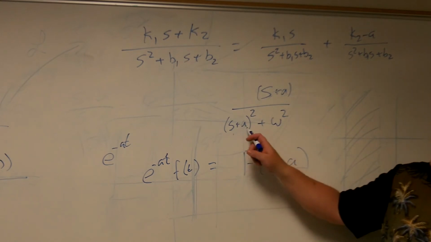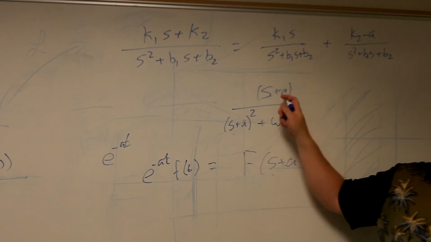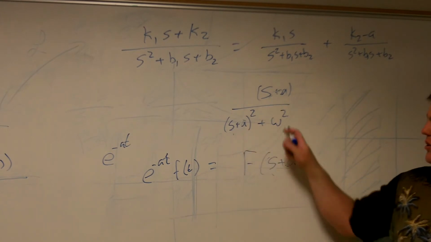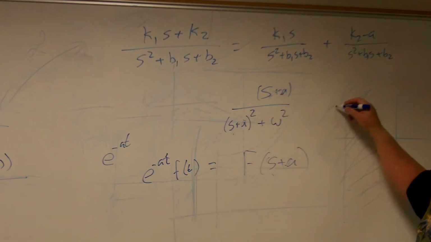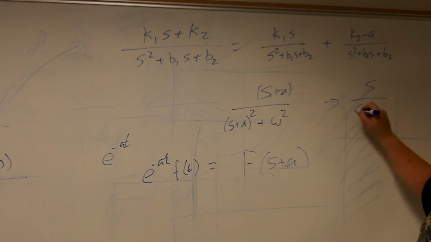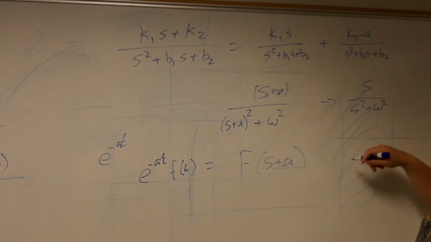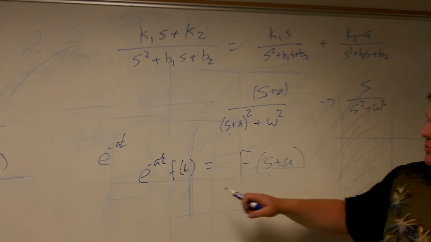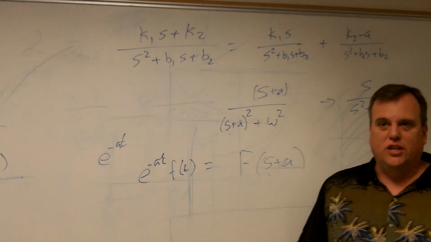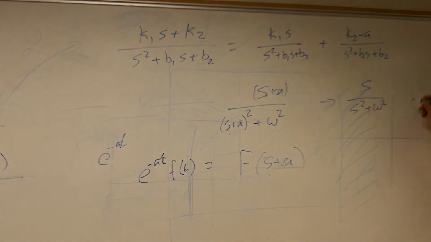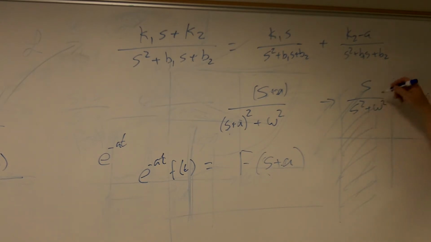Since we know that this is now of this form, s plus A, that's the same as what would be this, except the result in the time domain has to be multiplied by e to the minus at, the shift amount. And this goes to cosine of omega t, and then the s being replaced by s minus a is going to cause this one to get multiplied by e to the minus at.